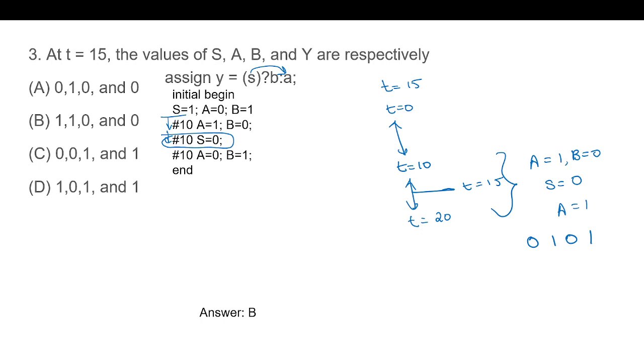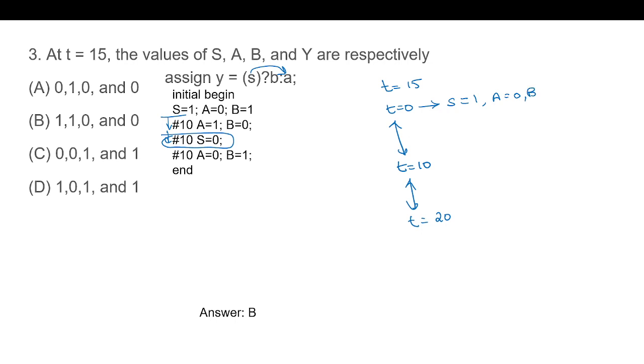One more time explain, ma'am. At t equal to 0, we know S is 1, A is 0, B is 1. Is there any clock here?